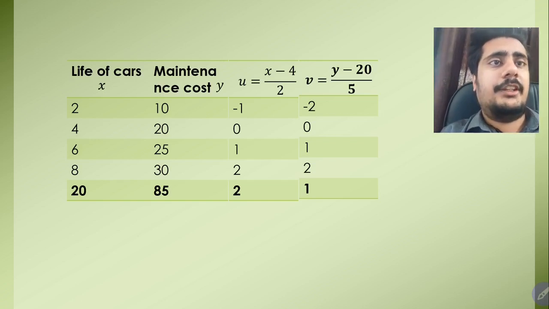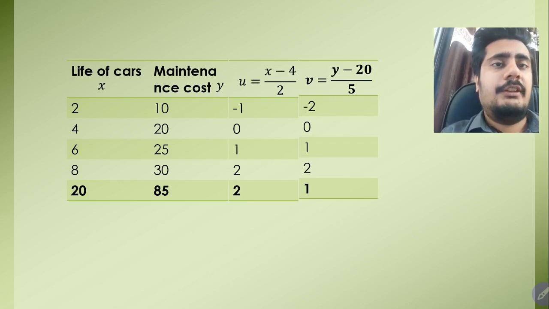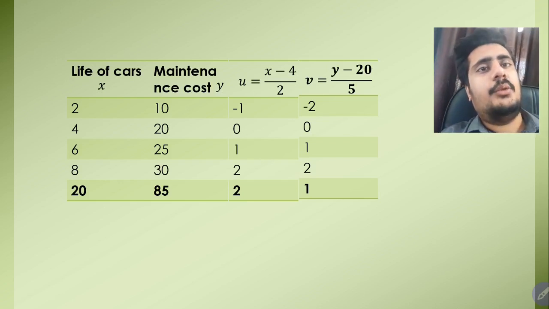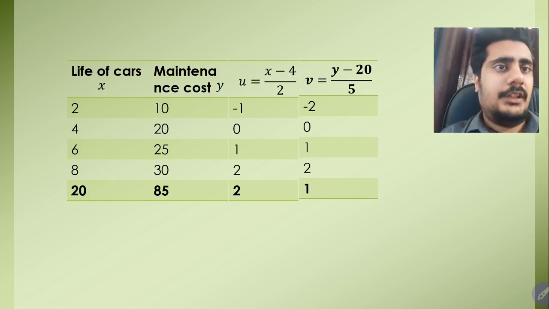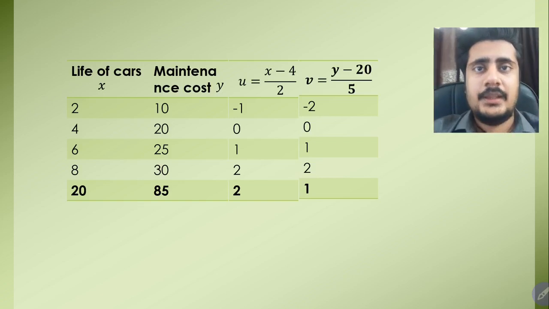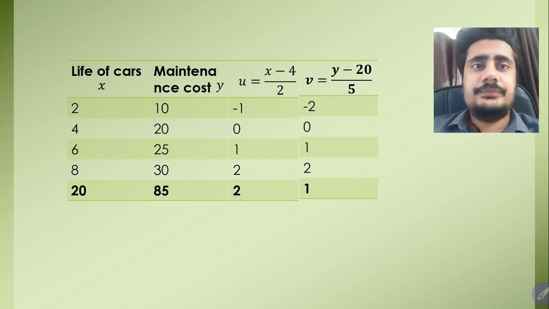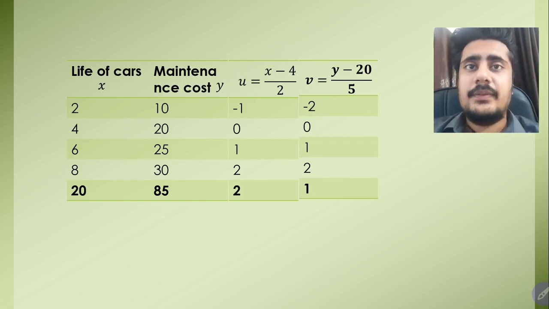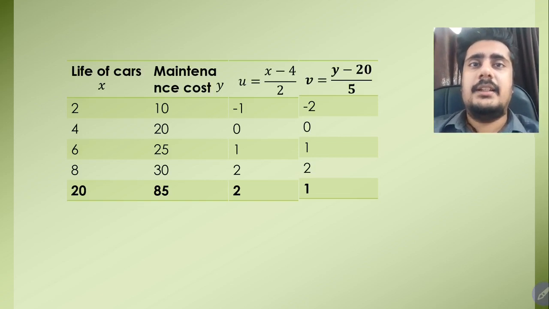Minus 10 upon 5, so it is minus 2. Same way we will do when y is 20, when y is 25, and when y is 30. If it's 25 minus 20, 5 by 5, 1. If it's 30 minus 20, 10, 10 by 5, 2.